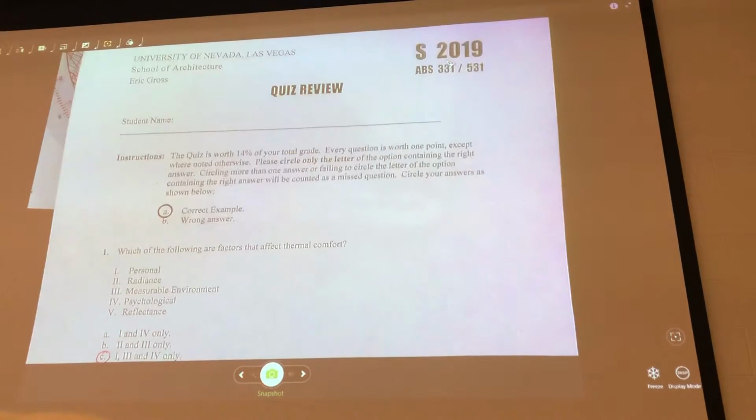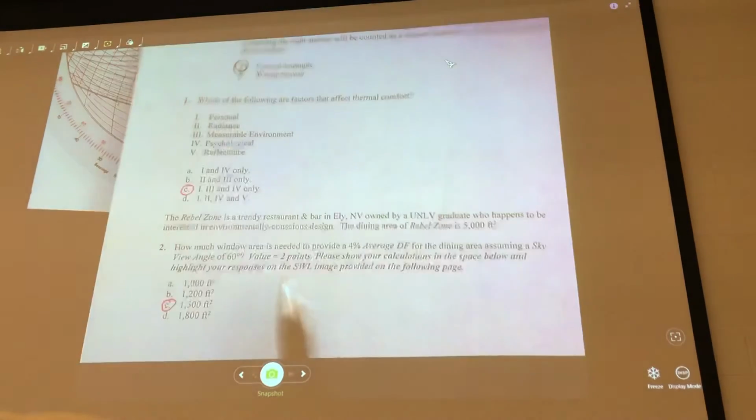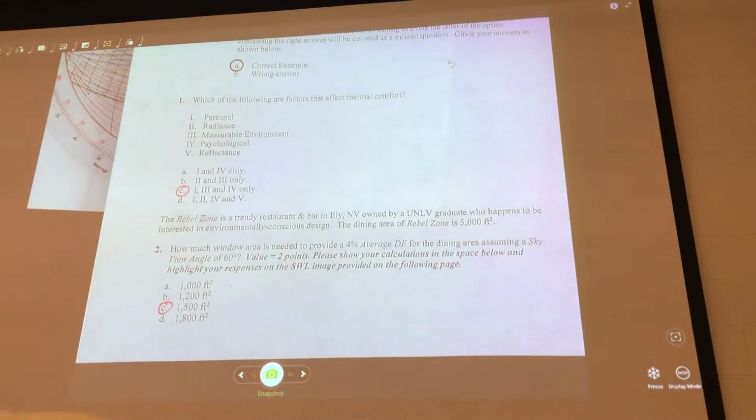And in this case, you'll notice that the question is worth 2 points. And let's say halfway through, somehow you do a wrong calculation error. It happens. I understand that. I'm not going to penalize you all the way through because you did one error. If you did everything else right, then I'm going to give you credit for it.